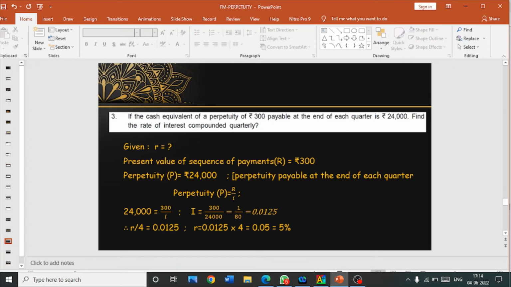This is nothing but R by 4. I is nothing but R by 4, no? Now this 4 will go to the right side and multiply. So 0.0125 into 4 equal to 0.05. 0.05 is nothing but 5%. So the rate of interest is 5%.